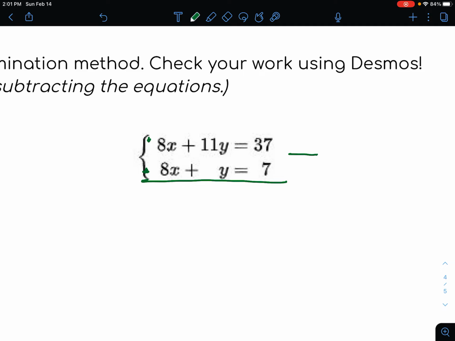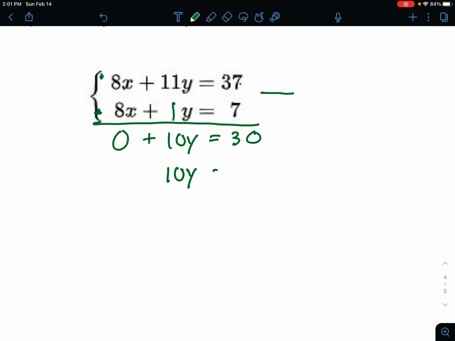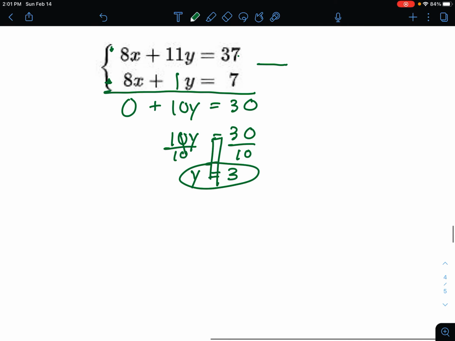Okay, so what happens then is I have 8x minus 8x, which is 0, 11y minus 1y, which is 10y, and 37 minus 7, which is 30. Okay, now look at what we've got. We have a very simple little algebraic one-step equation. 10 times what equals 30? Well, dividing both sides by 10. 10 times 3 would be equal to 30. y is equal to 3.